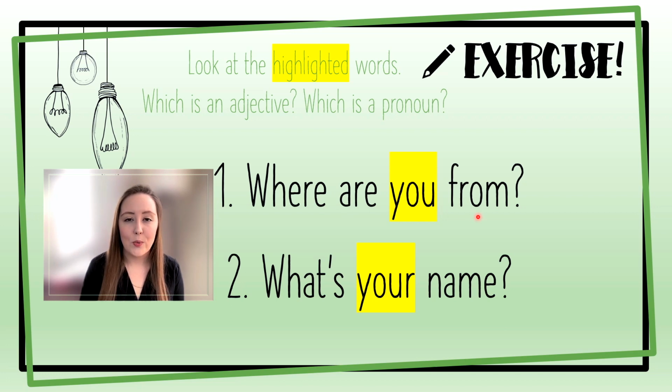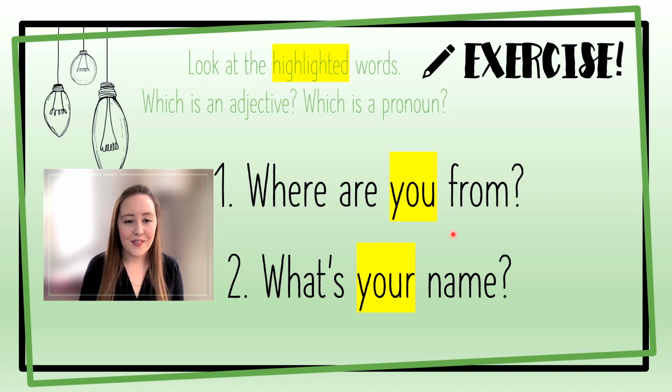Where are you from? Let's look at question number 2. What's your name? Is this an adjective to describe your name? Or is it a pronoun used to replace the noun? What's your name?